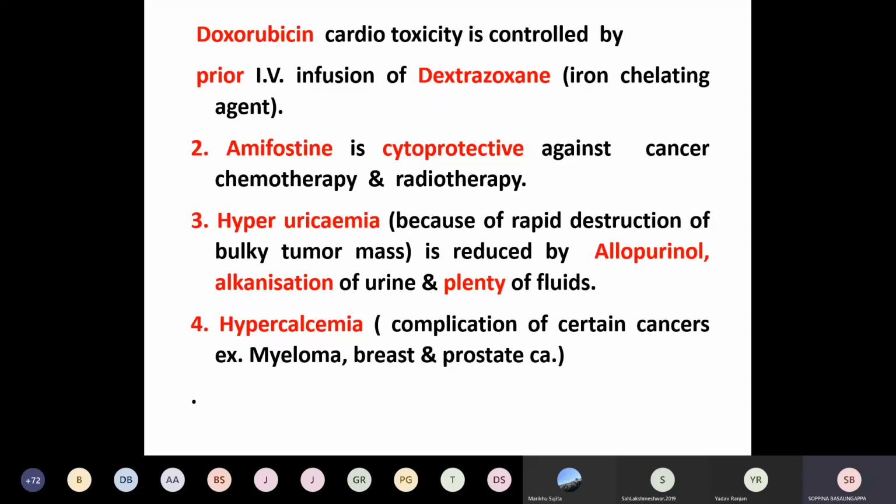Now doxorubicin causes cardiotoxicity. It is an antibiotic used for treatment of cancer. This can be controlled by prior intravenous infusion of dexrazoxane, which is nothing but an iron chelating agent.